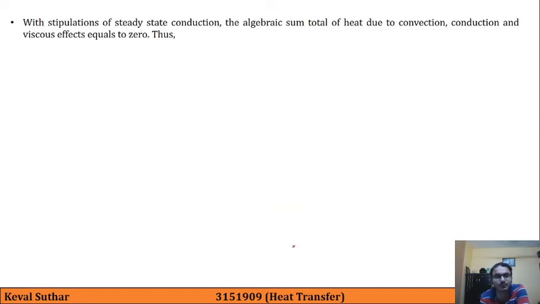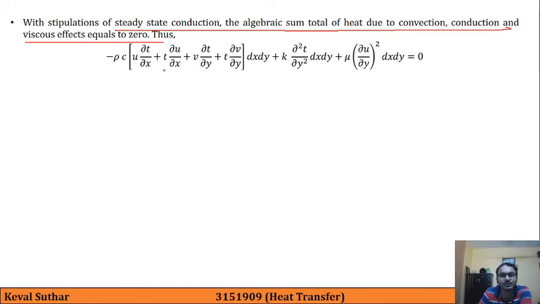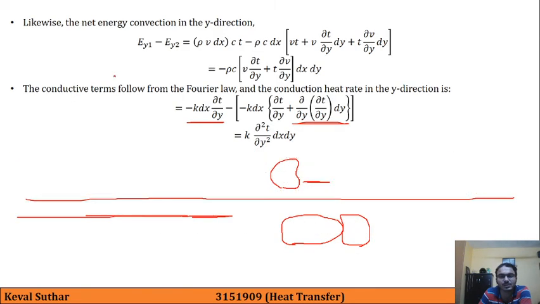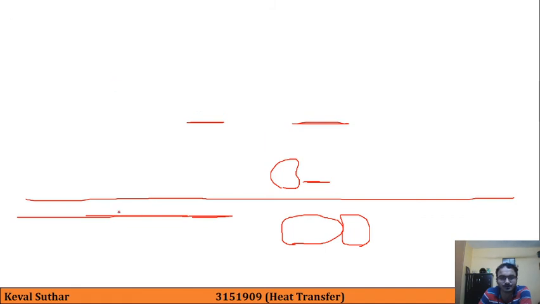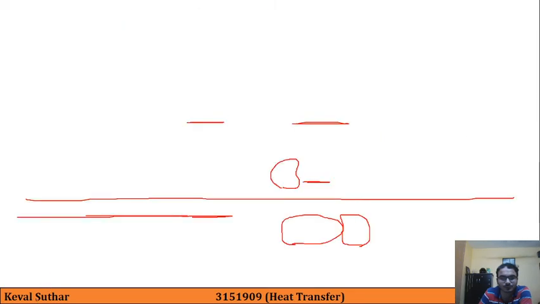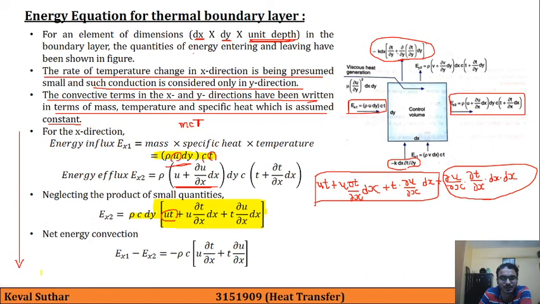with stipulations of combining this steady state conduction, the algebraic sum of total heat due to convection, conduction and viscous effects will be 0. That we can write down as this formula. So if you recall, what we have done over here is, if you see, we have combined this: the energy convection in x direction, first term.